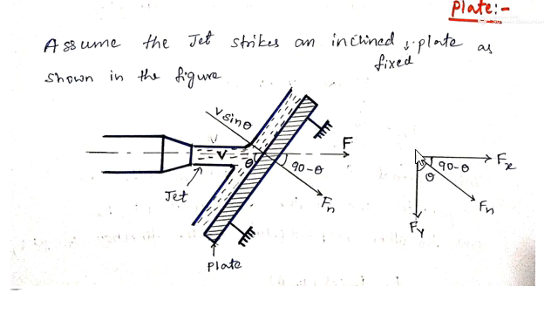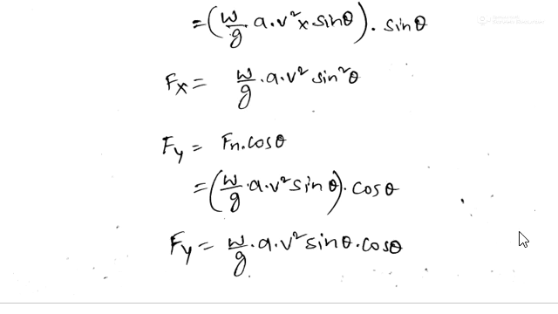And the next force, in the y direction, is nothing but Fn cos theta, we have seen. So Fy is equal to Fn cos theta, and Fn we have seen is W by G A V square sin theta, and cos theta is as it is. So the force in the y direction is given by the equation W by G A V square sin theta cos theta.